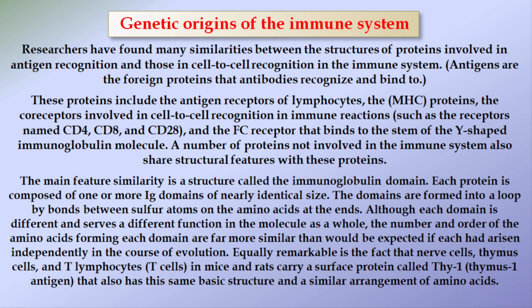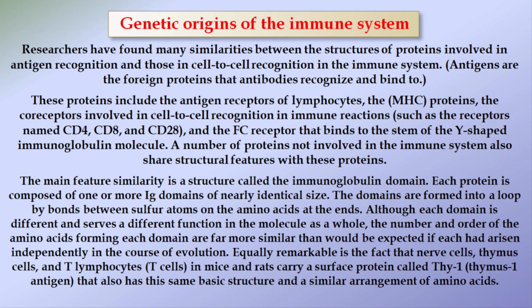The domains are formed into a loop by bonds between sulfur atoms on the amino acids at the ends. Although each domain is different and serves a different function in the molecule as a whole, the number and order of the amino acids forming each domain are far more similar than would be expected if each had arisen independently in the course of evolution.